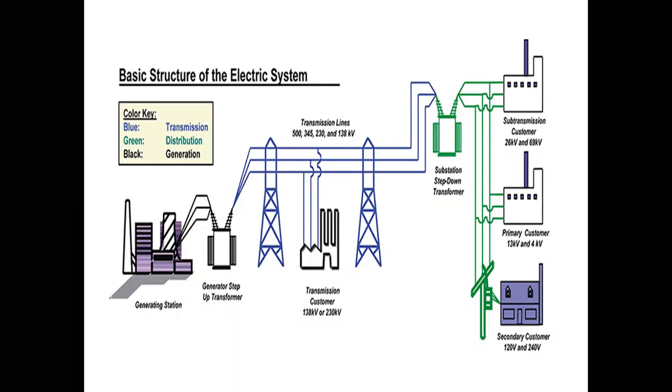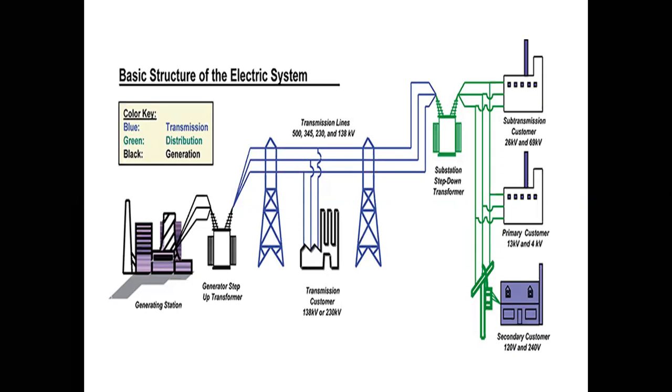In a grid station, it is stepped down to a certain level, and after that, this stepped down voltage is again transferred to the nearby substation with the help of secondary substation systems. And after that, we can receive the power at our load center.